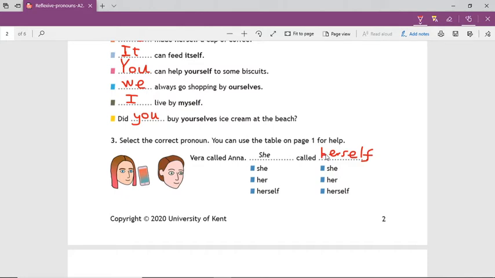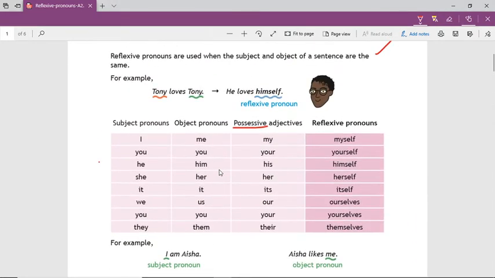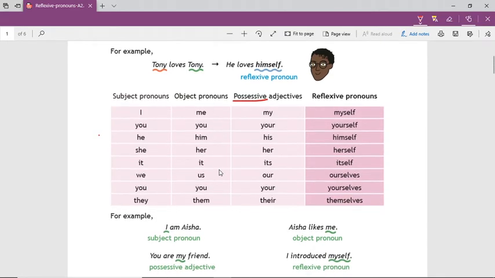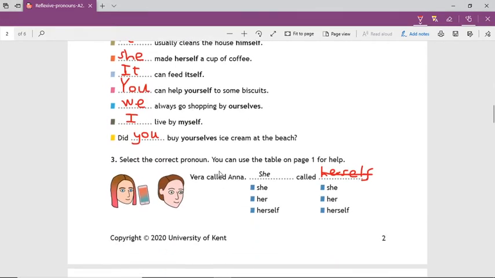Oh, hold on. This is wrong, sorry. So, the correct pronoun. In this case, we're not actually looking at a reflexive pronoun. So that was my mistake. Vera called Anna. She called her.